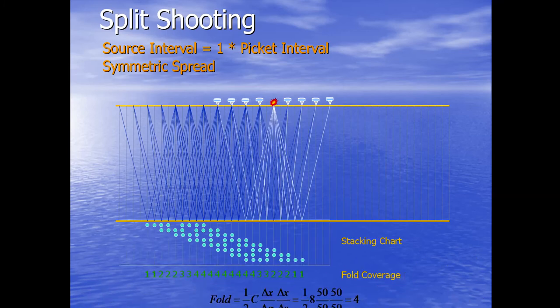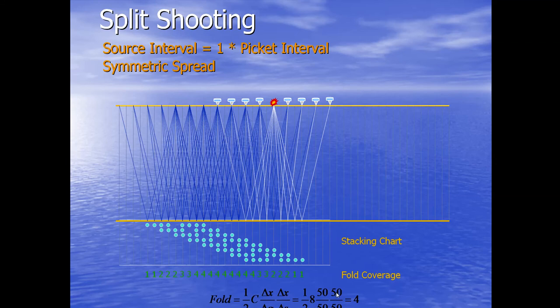Over here we are showing you, let me make it bigger. Now we can calculate the fold. The fold is equal to 1/2 C into delta x over delta S, which is 1/2. 8 is our number of channels, and 50 meters is the picket interval.